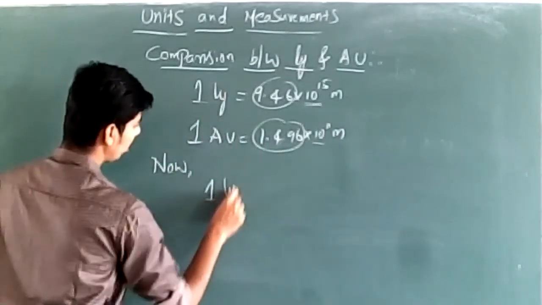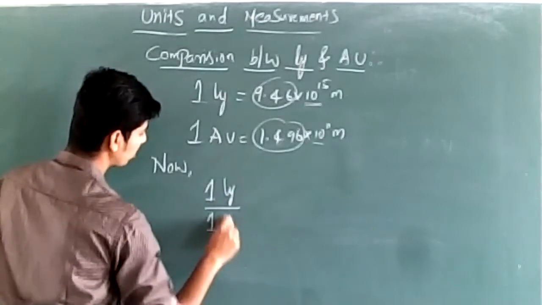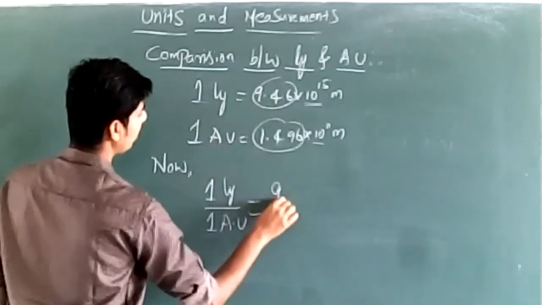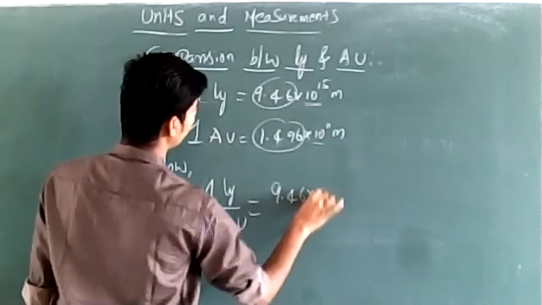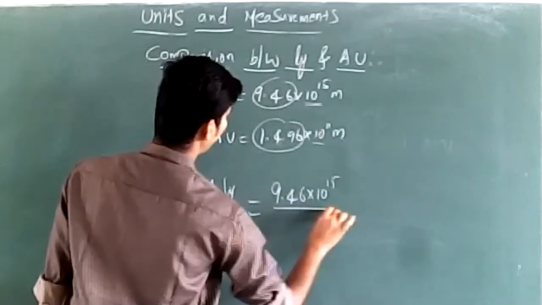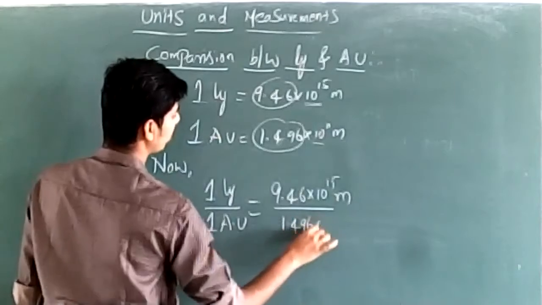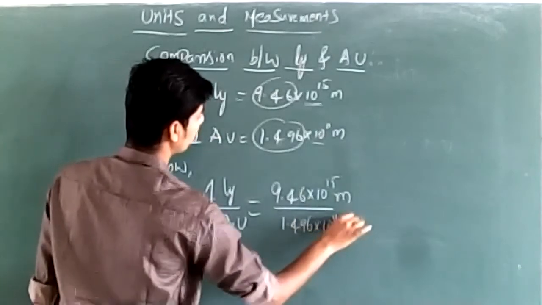1 light year divided by 1 astronomical unit is equal to 9.46 into 10 to the power of 15 divided by 1.496 into 10 to the power of 11 meter.